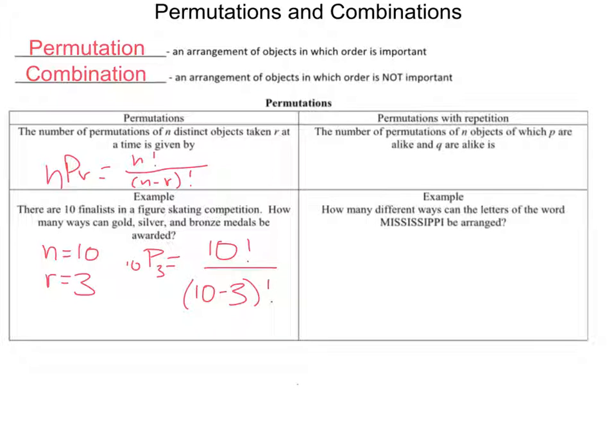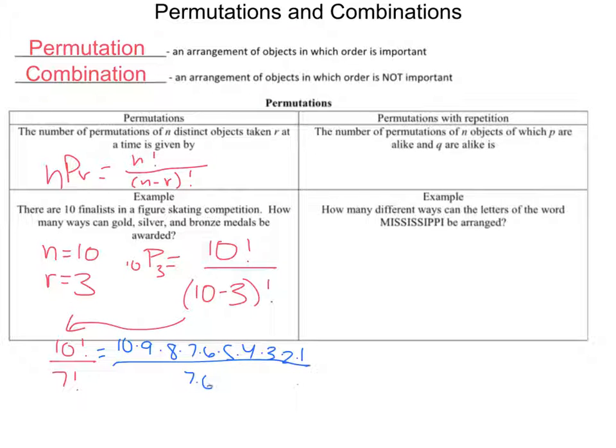We can simplify this to 10 factorial over 7 factorial. If we write this out, factorial just means 10 times 9 times 8 times 7 times 6 times 5 times 4 times 3 times 2 times 1. 7 factorial is going to be 7 times 6 times 5 times 4 times 3 times 2 times 1.